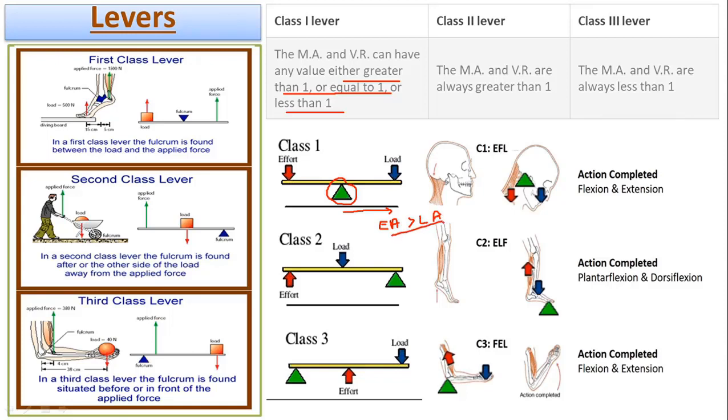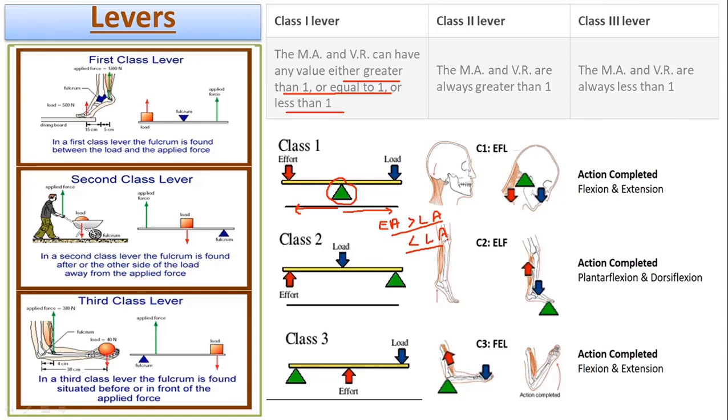And we know this thing. If the mechanical advantage is greater than 1, this denotes that it is a force multiplier. Whereas, if we take the fulcrum towards the effort, then our effort arm will become less than the load arm, due to which our calculation will show that the mechanical advantage is less than 1, which we know as a speed multiplier.